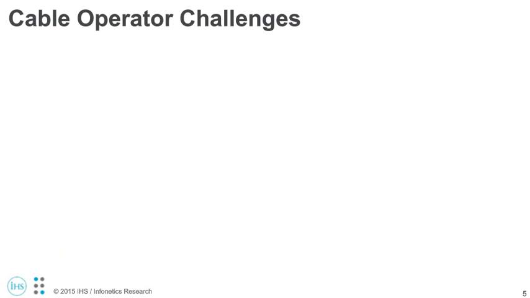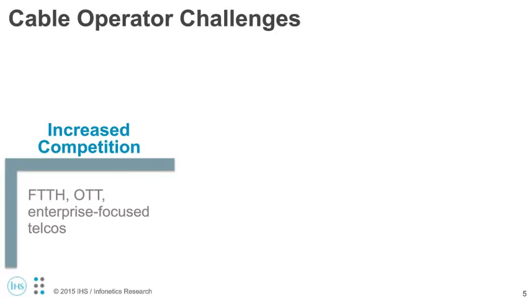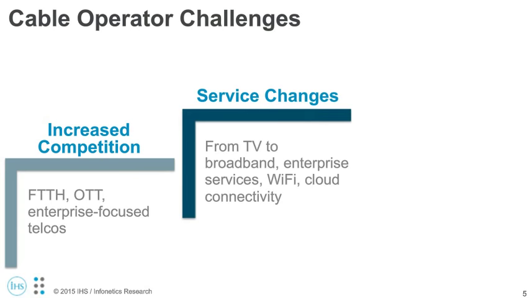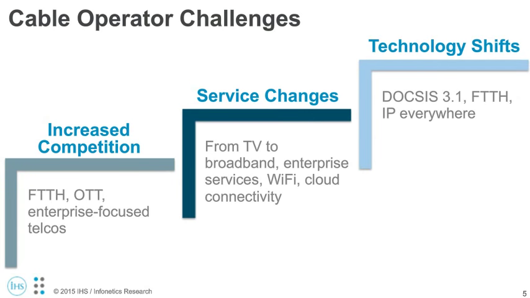Cable operators obviously are facing a number of challenges, just as all operators are, from increased competition to fundamental changes in their service offerings, as well as the technology shifts that they use to deliver those services. In terms of competition, cable operators face increasing threats from telcos, municipalities, utilities, and upstart ISPs that are pushing more fiber to the home throughout their networks.